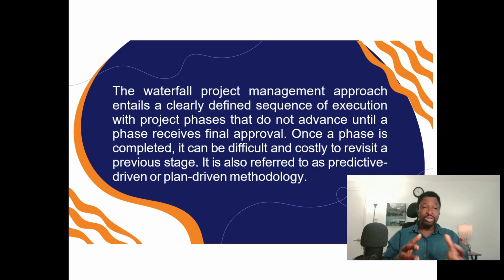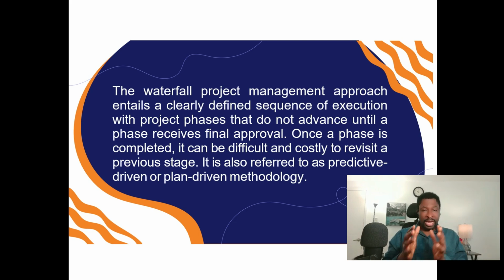So it's not that we have no knowledge of some of the features that we want to use, and then we start going to the execution phase. It doesn't work like that in Waterfall. In Waterfall, at the planning level, we must have knowledge of what we want to complete.